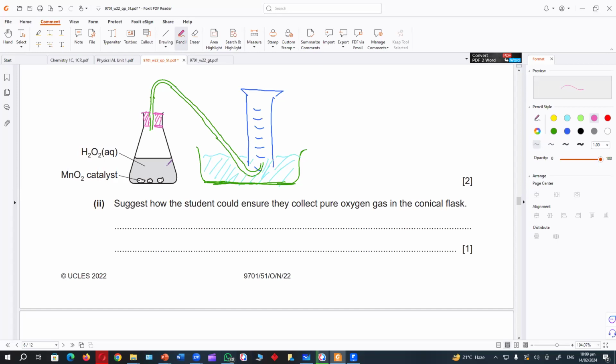So just make a sentence here. We can tell the examiner that they should wait for some time before taking the reading.